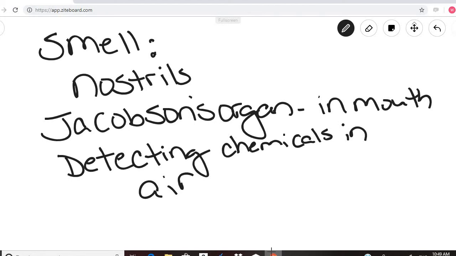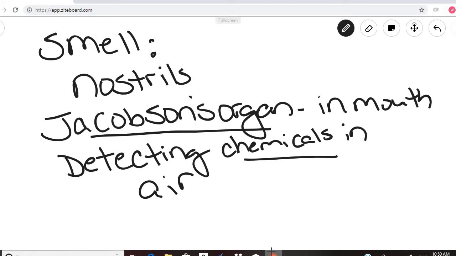So when a snake is seen sticking out its tongue, it's sampling the air to detect these chemicals, which is then picked up by the Jacobson's organ in the mouth, and then that information is sent to the brain, and it's interpreted as smell.